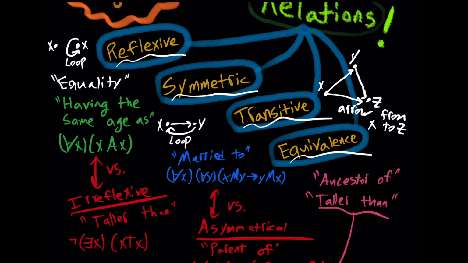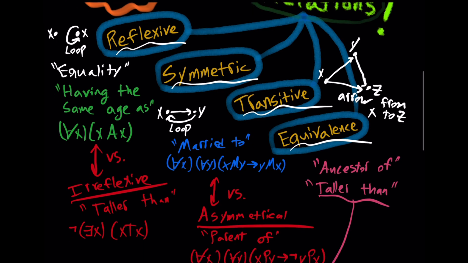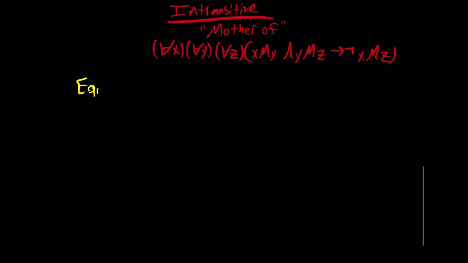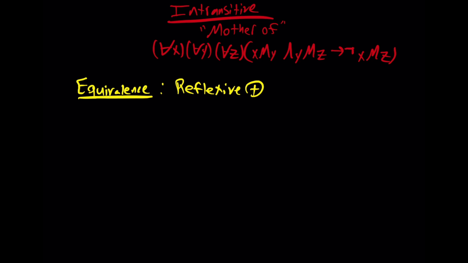Now, what about equivalency? Well, equivalency actually combines the reflexive principle with the symmetric principle and the transitive principle. So, when it comes to equivalency, we can say that it is reflexive plus symmetric plus transitive.